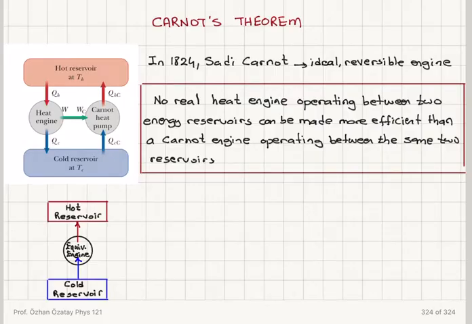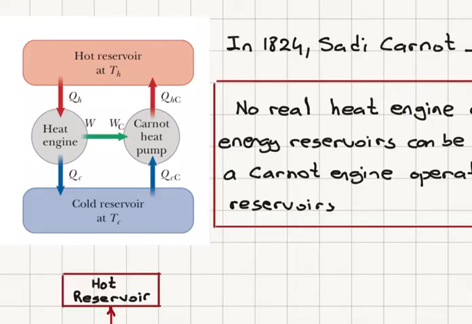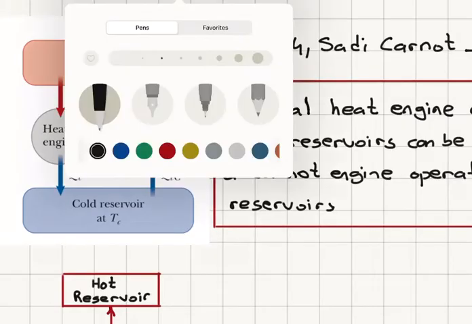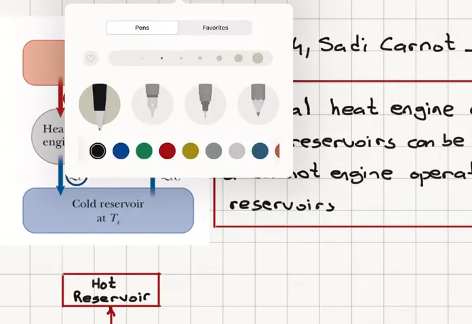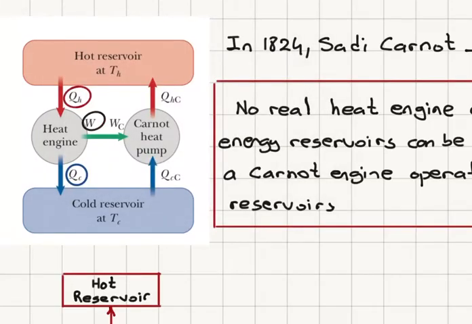So here is the scenario. We have two energy reservoirs, a hot reservoir at temperature TH and a cold reservoir at temperature TC. There is a real heat engine which is absorbing heat QH from the hot reservoir and releasing heat QC to the cold reservoir and doing some work W. Now we pick another engine, a Carnot engine.